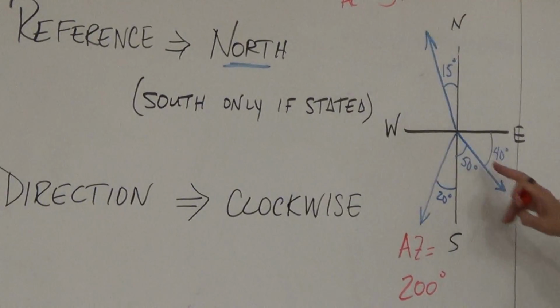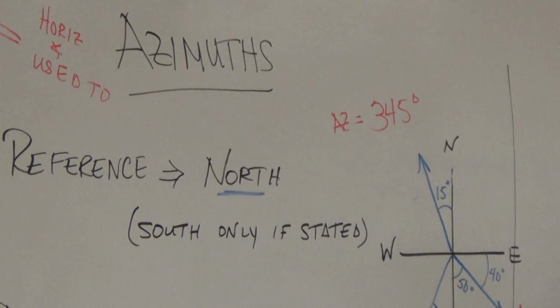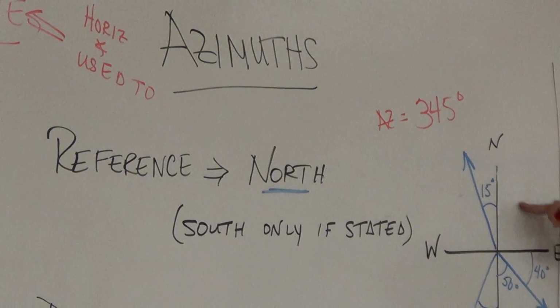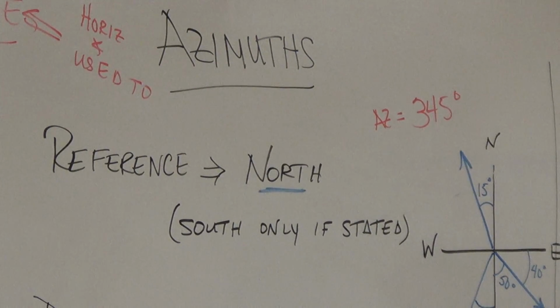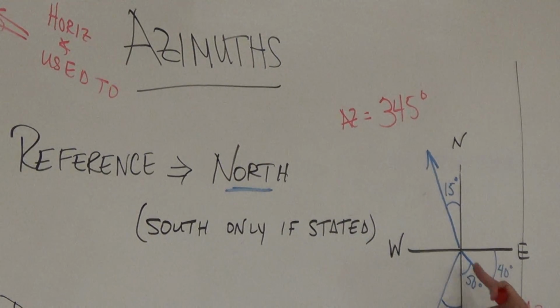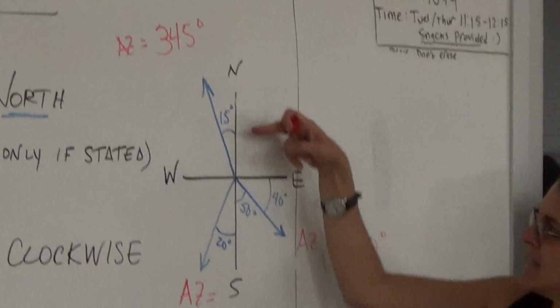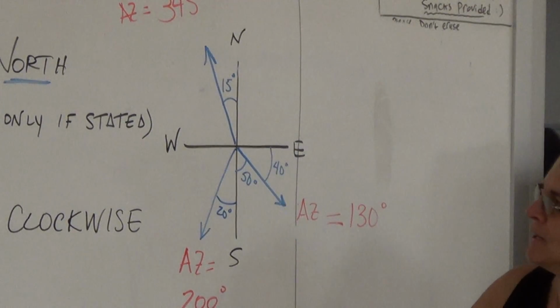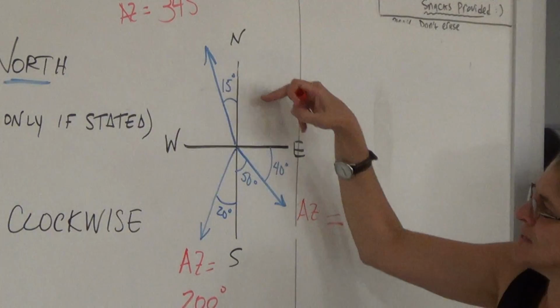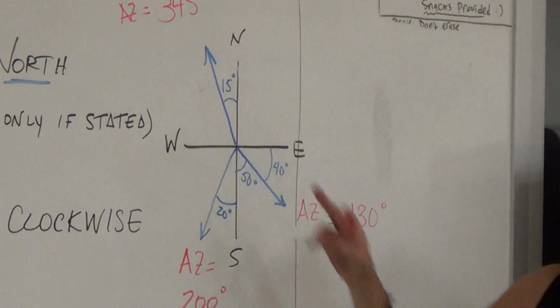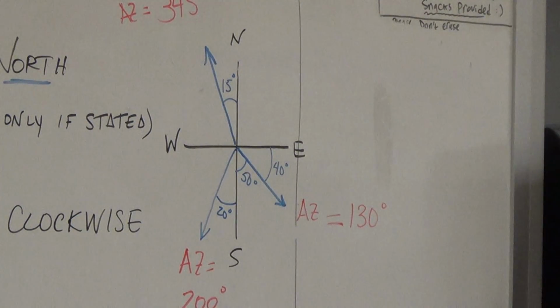The first line is this line right here, and that line had an azimuth of 90 plus 40, 130. This line right here has an azimuth of 180 plus 20, 200. This line has an azimuth of 360 minus 15, 345. Everybody got it?